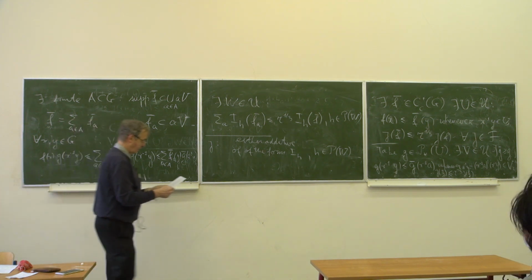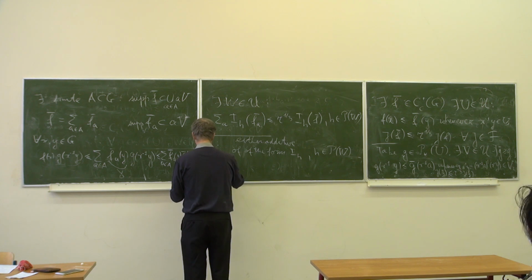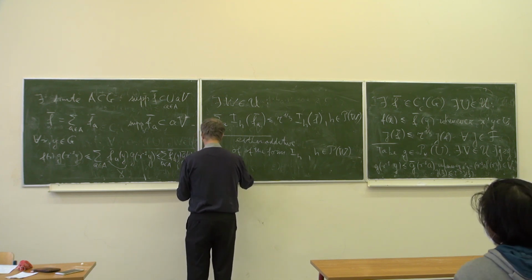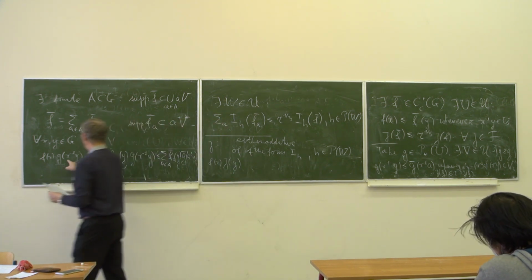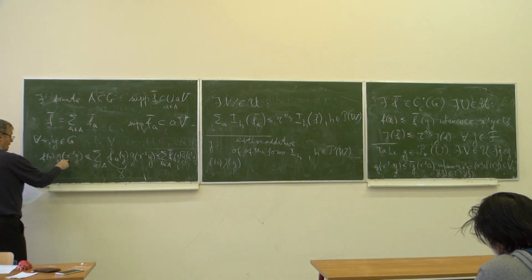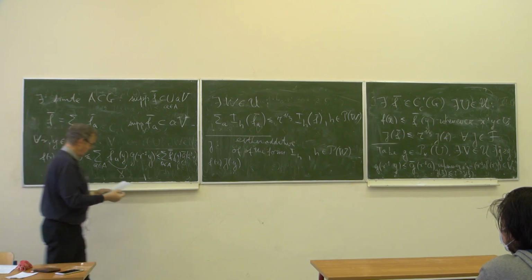What happens? So f of x g of g. In any case, J is left invariant, so here this multiplication by x to the power minus 1 disappears.